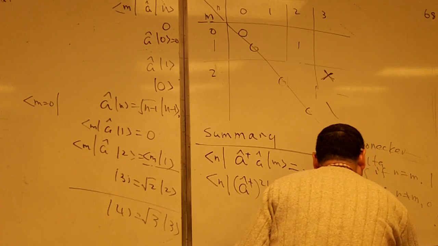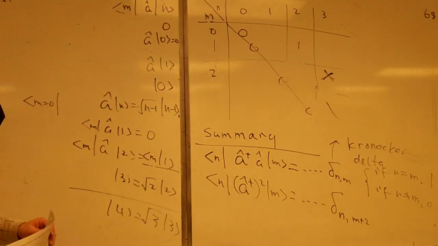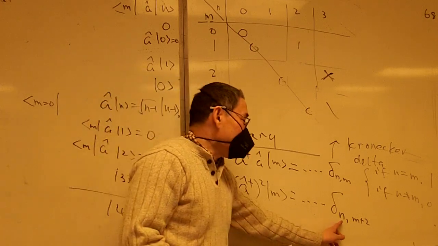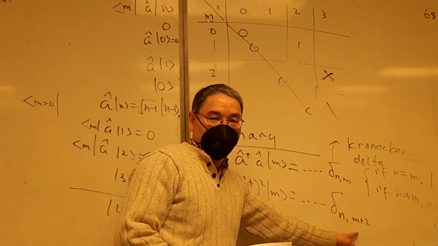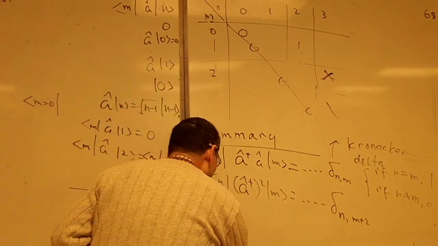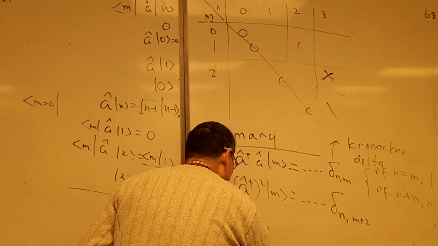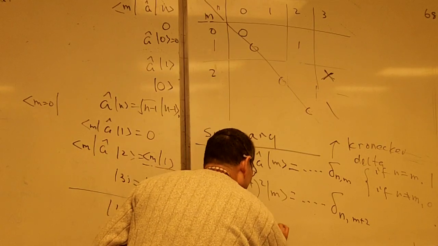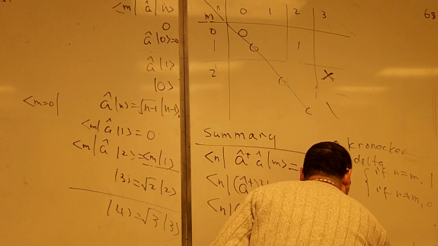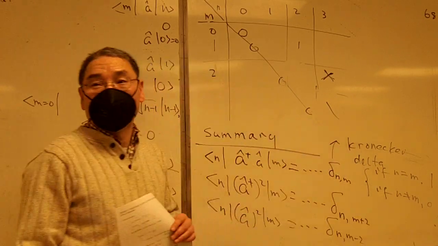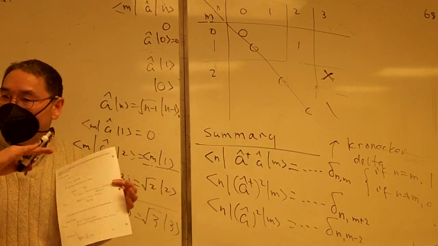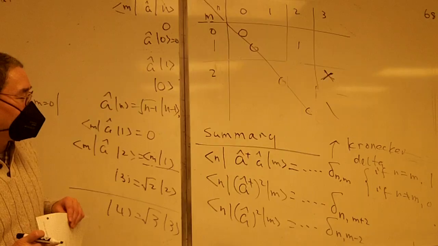The only way that this survives is m equals n plus 2 for this plus sign. If you have a minus sign, which is without a dagger, now watch carefully, you will see n minus 2 comes out. It is these minus 2 and plus 2 that give you off-diagonal terms.